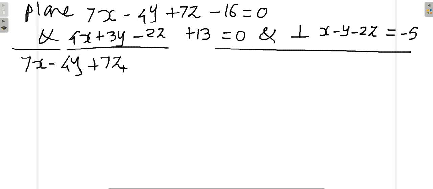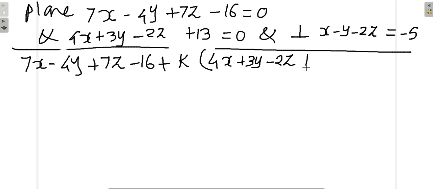Seven x minus 4y plus 7z minus 16 plus k times 4x plus 3y minus 2z plus 13. Let us rearrange terms.